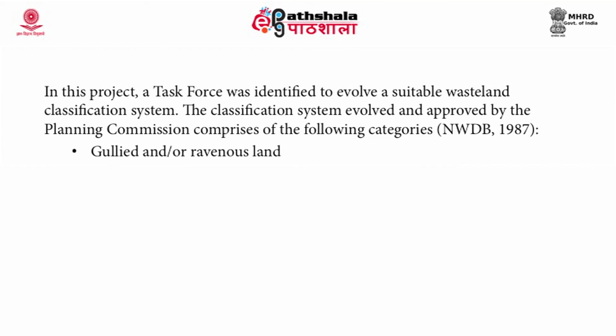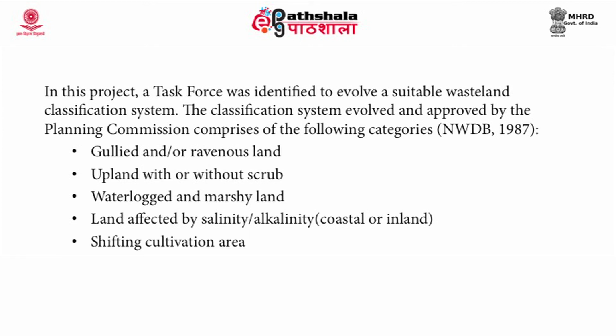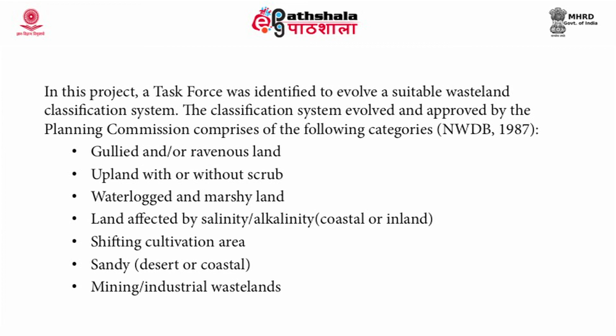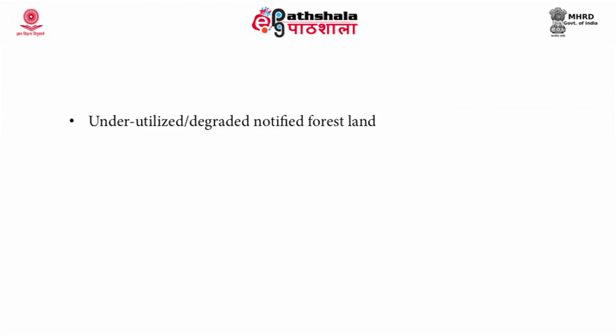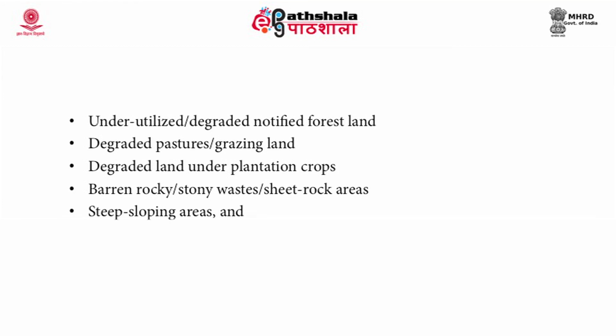These are gully and ravinous lands, uplands with or without scrub, waterlogged and marshy land, land affected by salinity and alkalinity that includes coastal or inland areas, shifting cultivation areas, sandy areas that may be desert or coastal areas, mining or industrial wastelands, underutilized or degraded notified forest land, degraded pastures and grazing land, degraded land under plantation crops, barren rocky or stony waste or sheetrock areas, steep sloping areas, and snow covered or glacial areas.